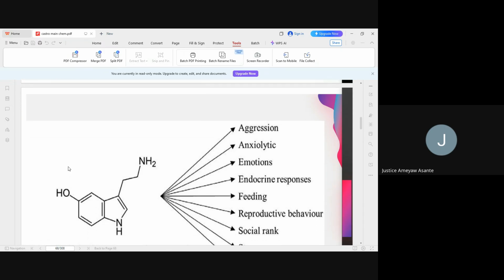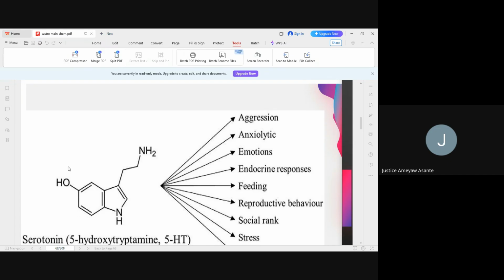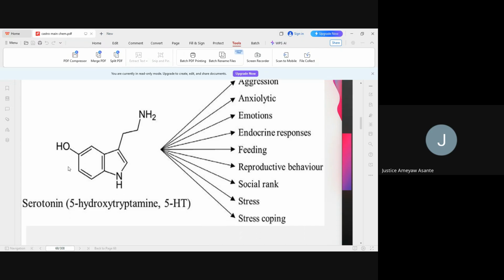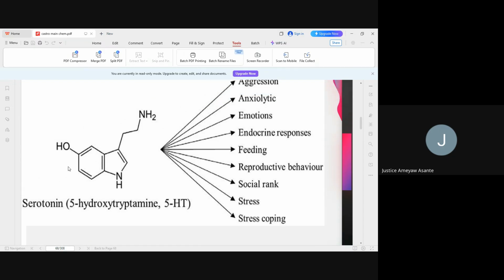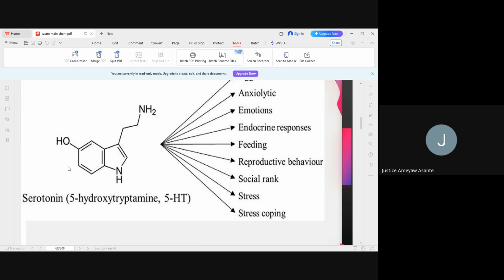So when you go to the hospital and you are showing signs of aggression, emotions, endocrine responses, feeding, reproductive behavior, social, stress coping. Now, if you have this in your system, these are some of the things it is going to give you, and therefore you use lithium carbonate to suppress it.